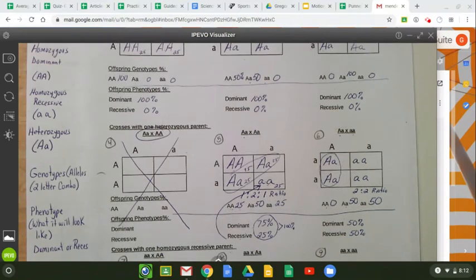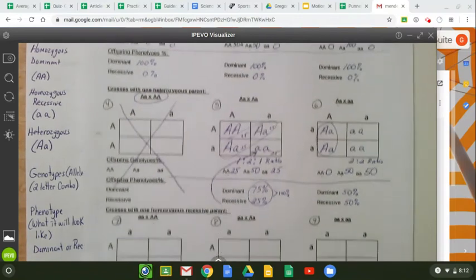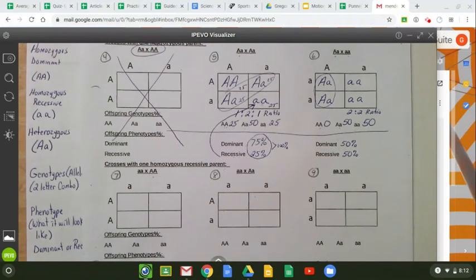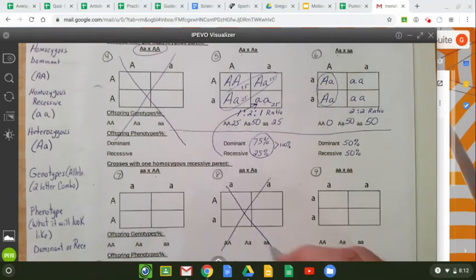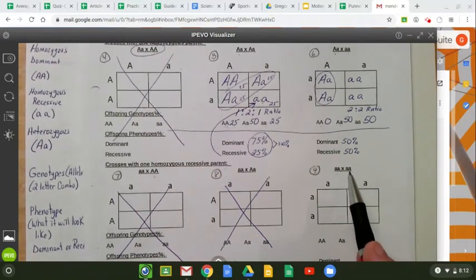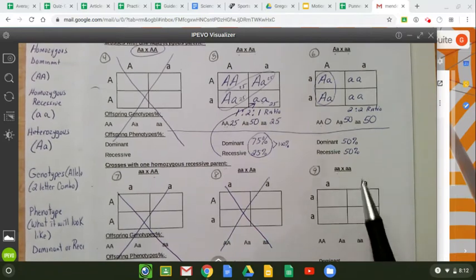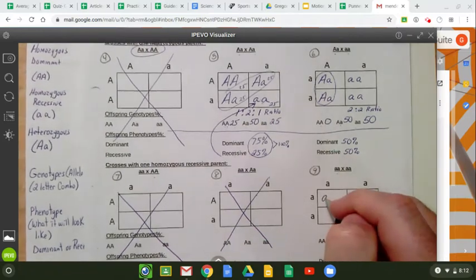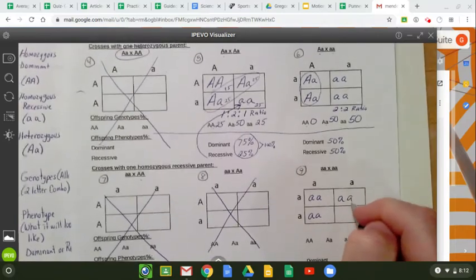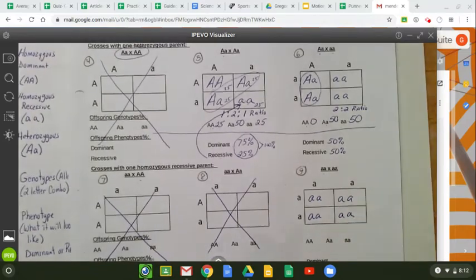All right. And then we're going to do one more square, one that we haven't seen yet. And that is going to be what happens when we cross 2 homozygous recessive parents. Well, you should be able to fly through this square. They're all lowercase letters, similar to the first one we did with homozygous dominant.